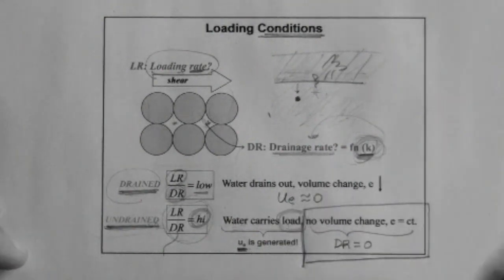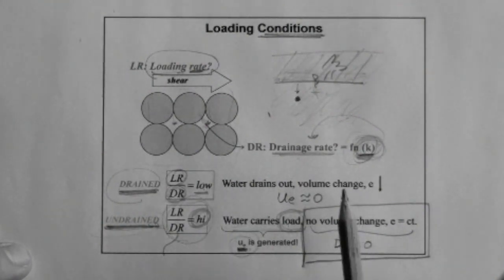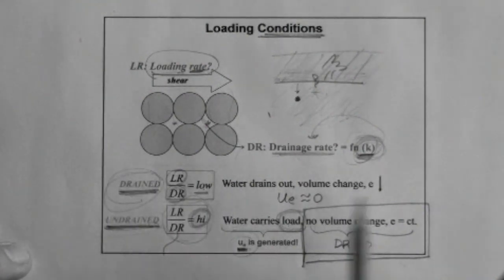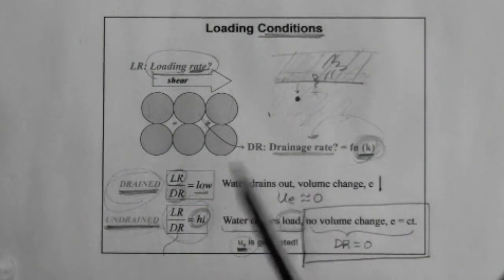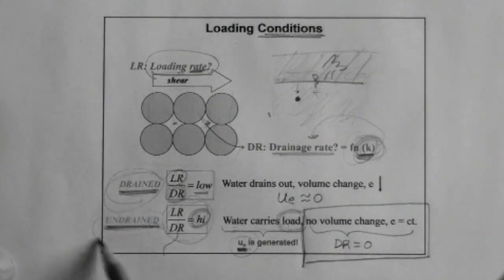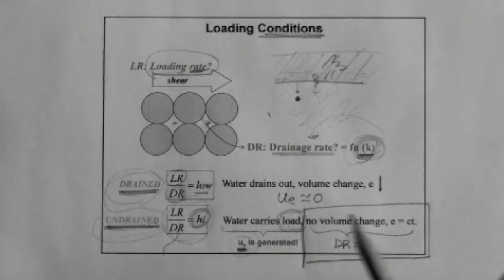So you can expect in general that in the field, when you construct on sand or gravel, UE will be 0, and therefore you will have a drained condition. And if you construct on silt or clay, then you will have an undrained condition where UE will be non-zero, and will eventually be 0 when the soil achieves the final fabric it will achieve.